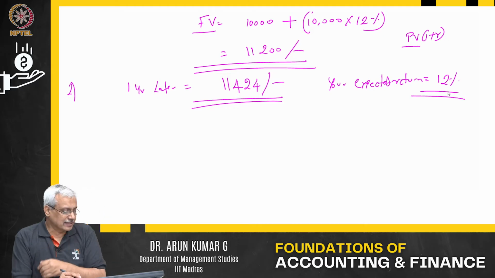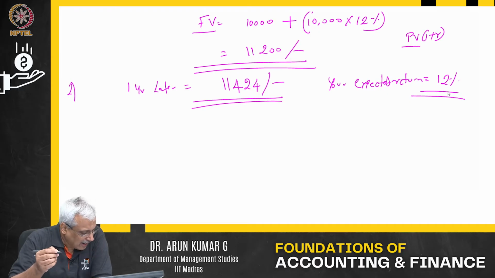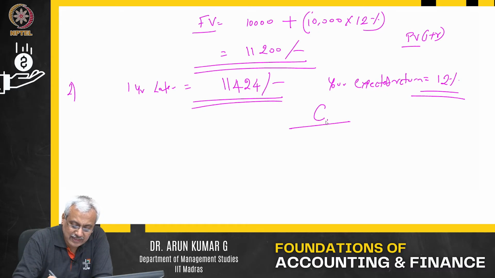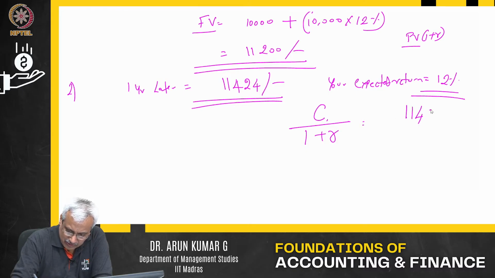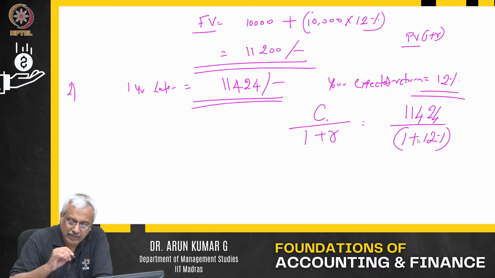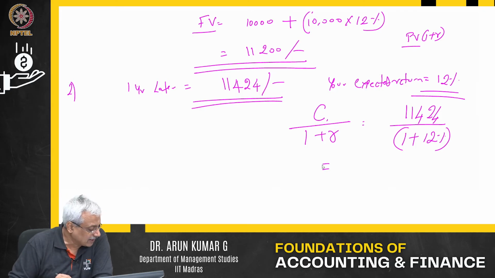Extremely simple in this particular case. My cash flow C divided by 1 plus the interest rate, that is, 11,424 divided by 1 plus 12%. That will give me a value of about 10,200.